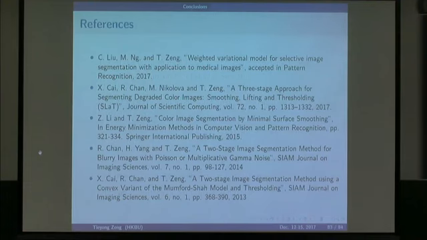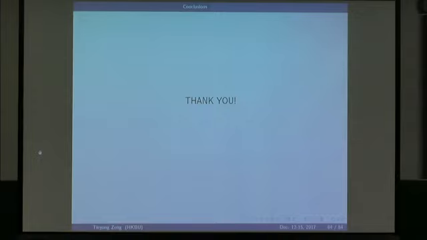In case you are interested, we have some references here. The first one is for the medical image, this one is for the color image, and the previous two are for the gray image. Thank you.